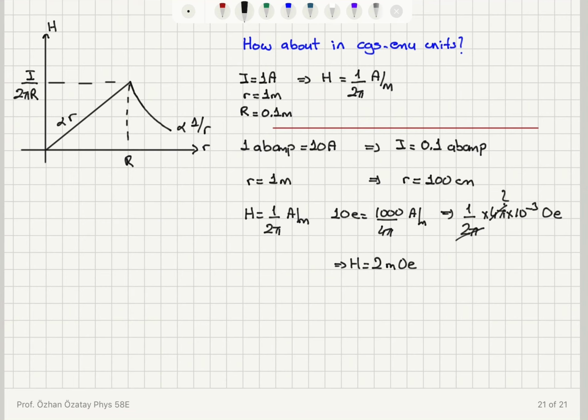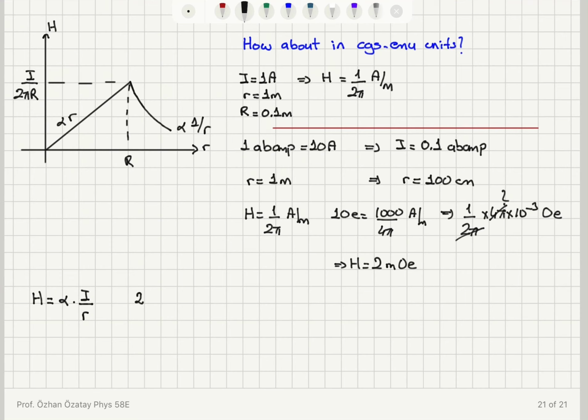Okay, so having figured out these numbers in CGS EMU units, basically the magnetic field that I calculate will be a prefactor times I over R. The physical dependence on the parameters I and R cannot change, but the prefactor will change. So I'm trying to calculate what this prefactor is.